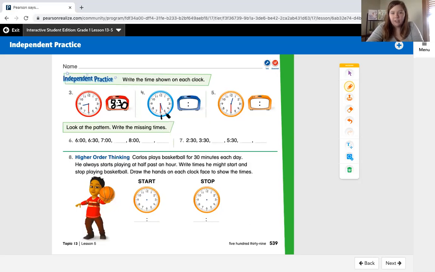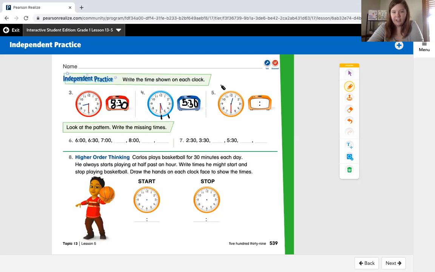The hour hand is in between 5 and 6. So it's 5. And our long minute hand is pointing at the 6, which means half past or 30. So to read our clocks, it is 5:30 or half past 5.